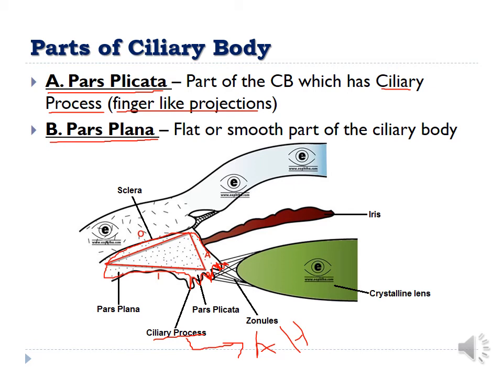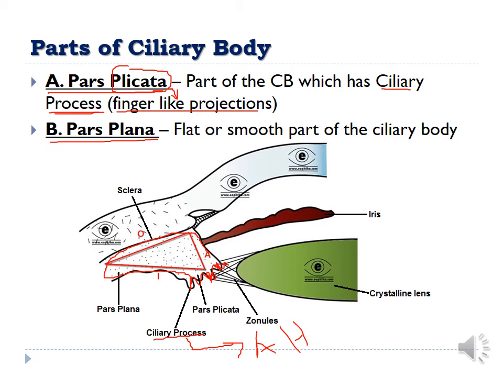So that is about pars plicata. Remember that plicata is the structure that has finger-like projections, known as ciliary processes. The ciliary process is important because these finger-like projections produce aqueous humor.